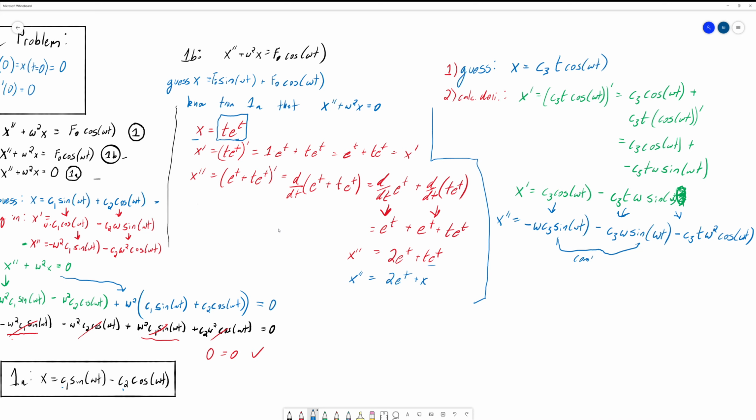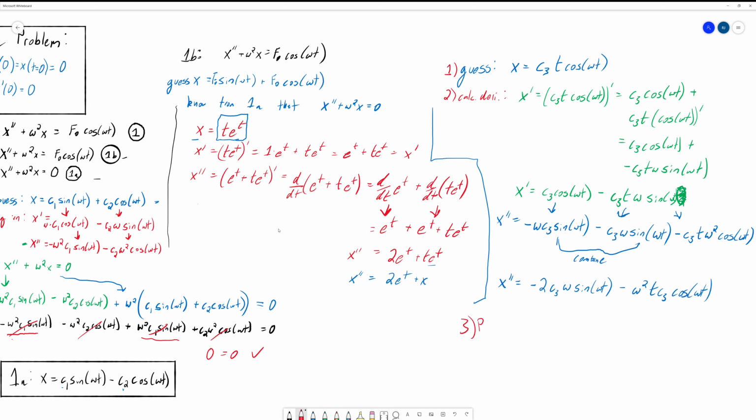So we get the second derivative is going to be minus 2c3 times omega times sine of omega t, minus omega squared times t times c3 times cosine of omega t.